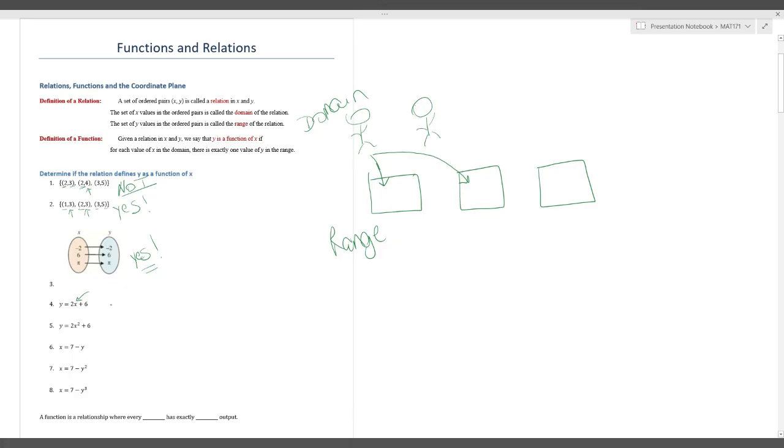And then in the comments, put your answers. I want you to try numbers 4 through 8. Think about different values that x could be and are these functions or not?